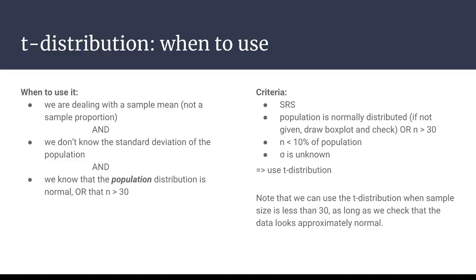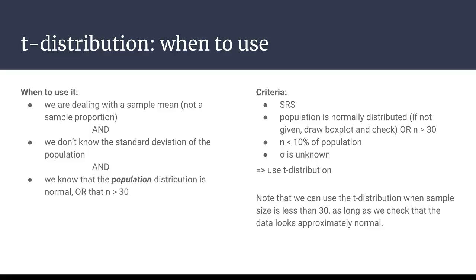And also one thing that you should put is, we don't know the population standard deviation, so we're going to use a t-distribution instead of a normal one. So these two points and this point is the difference between the criteria for t-distributions and normal distributions for samples.